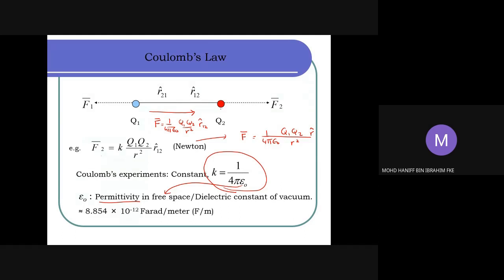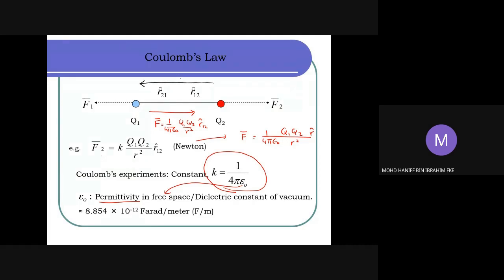So this is the force that is exerted, or I can say produced, by charge Q1 on charge Q2. We can also have a condition whereby the force is exerted by charge Q2 on charge Q1.